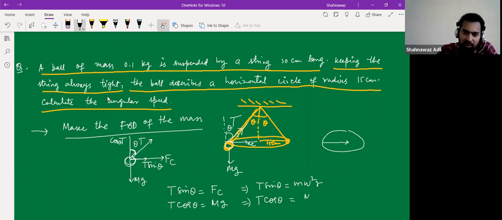mg, right. So I always write the small m. So we will divide this part.